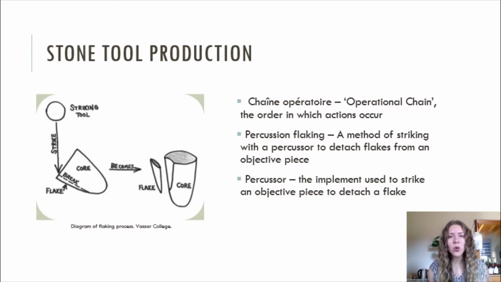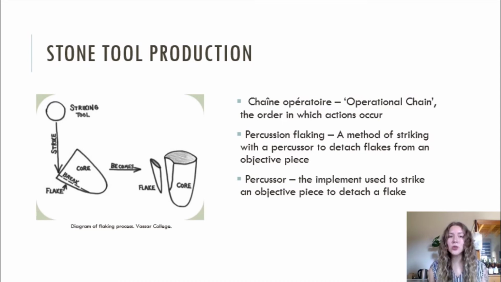So chaîne opératoire is a French term which basically translates to operational chain, which is the order in which actions occur. This is very relevant for understanding stone tool production methods because there are specific actions which need to occur in order to produce tools.